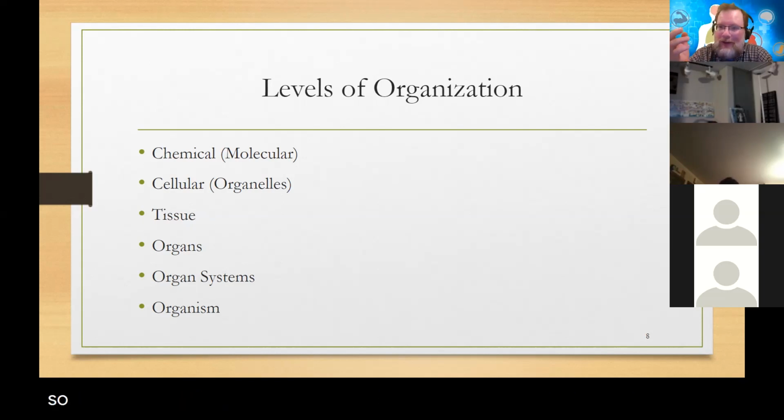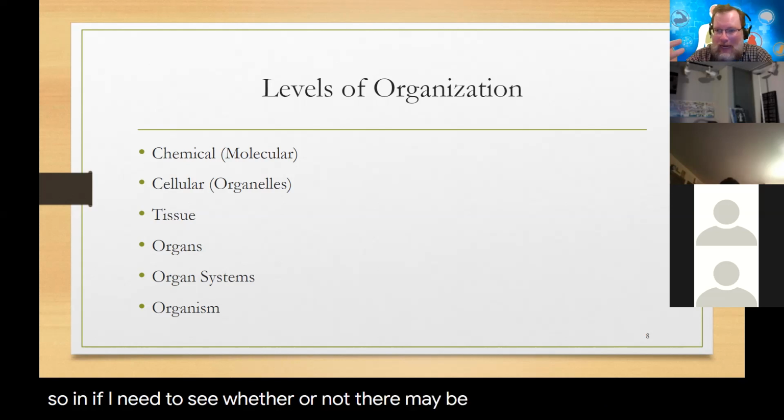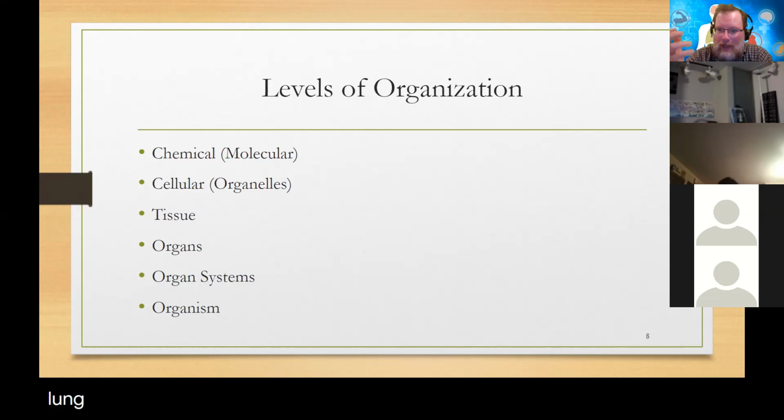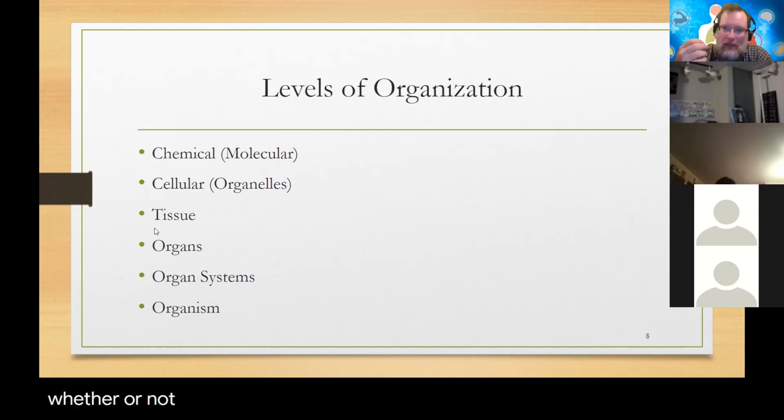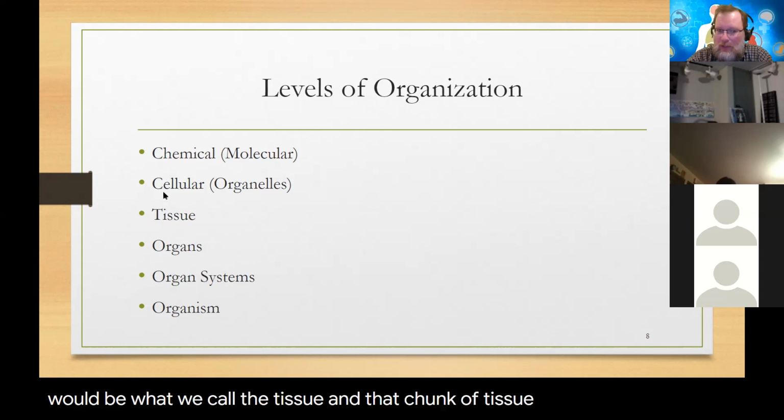So if I need to see whether or not there may be some cancer going on of the lung, I'm not going to have to remove the entire lung, the entire organ, to see whether or not it's cancerous. But I can take a small chunk of the organ, which would be what we call the tissue, and that chunk of tissue is going to be filled with cells.